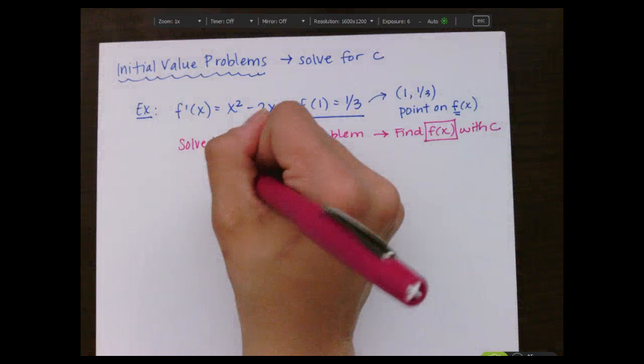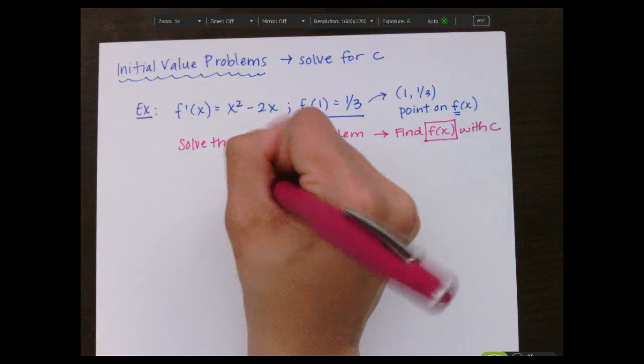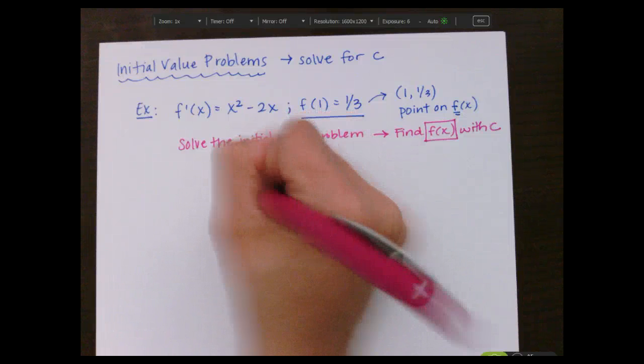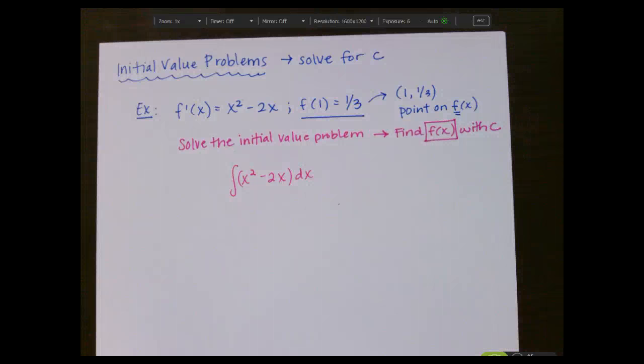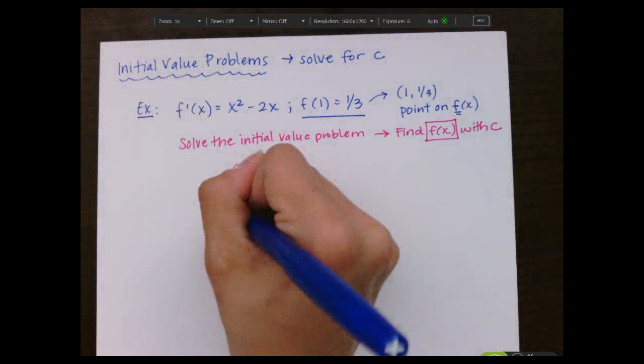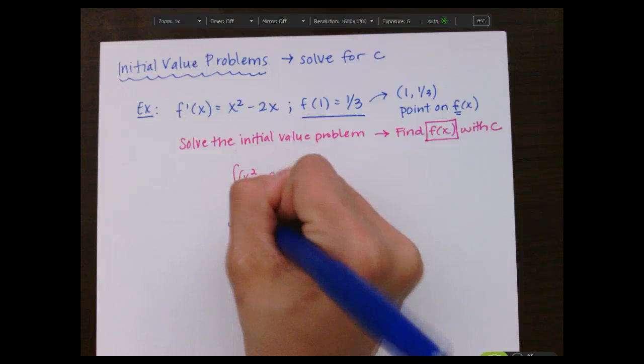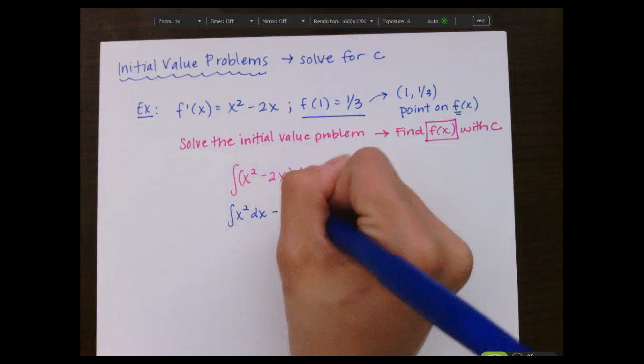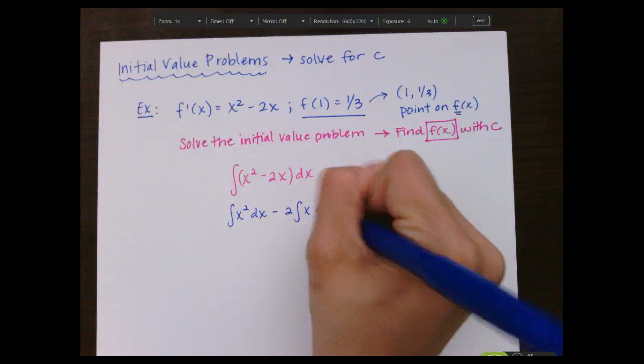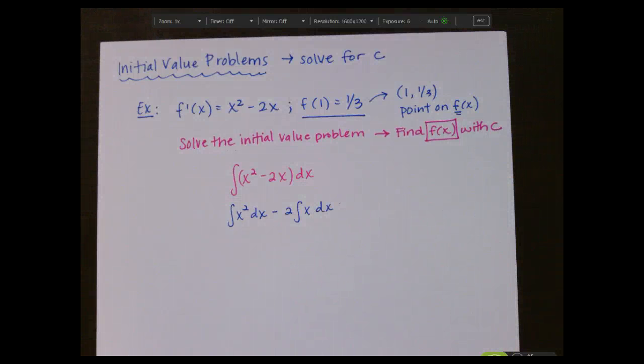So what we're going to do is set up an antiderivative. We know what the derivative is. We want the antiderivative of that function. So that would be the first step, is to find the antiderivative. And remember that you can set this up using the constant multiple rule and the sum rule, and find the antiderivative of each piece.